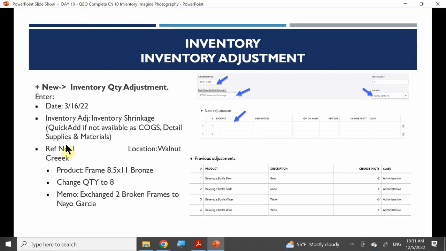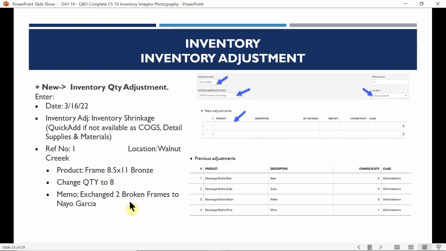Or in this case, you can do exchange 2 bronze frames to Neo Garcia. I believe the book says that she cracked 2 of them, so she came in to return or exchange for a brand new one. That's what you're going to do here: adjust your inventory.